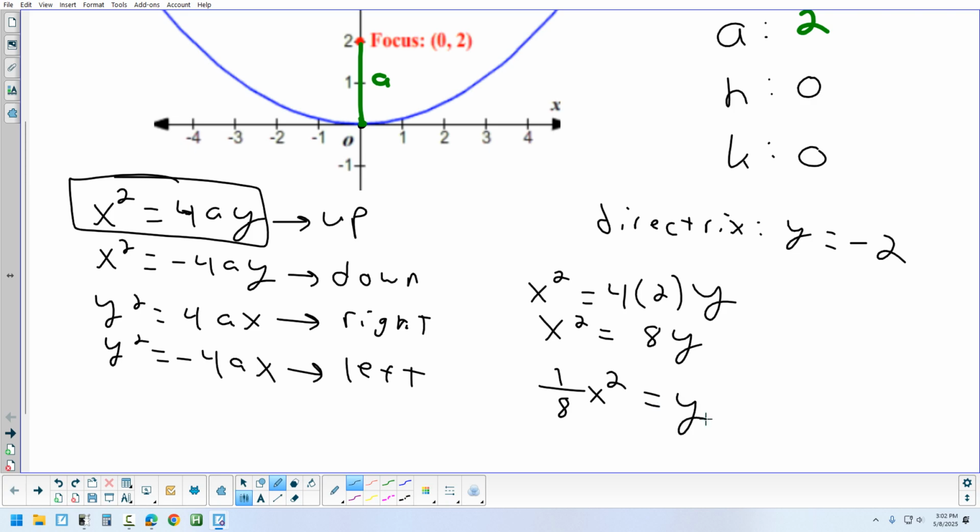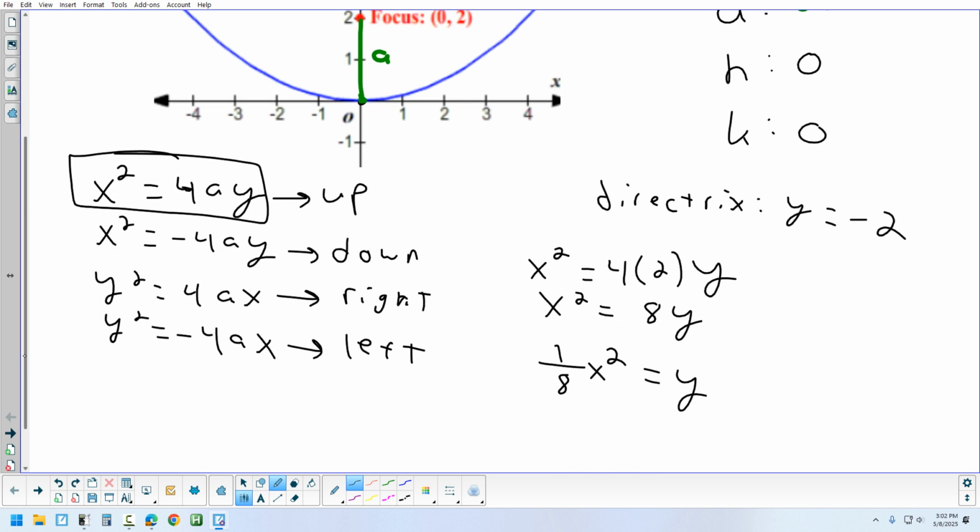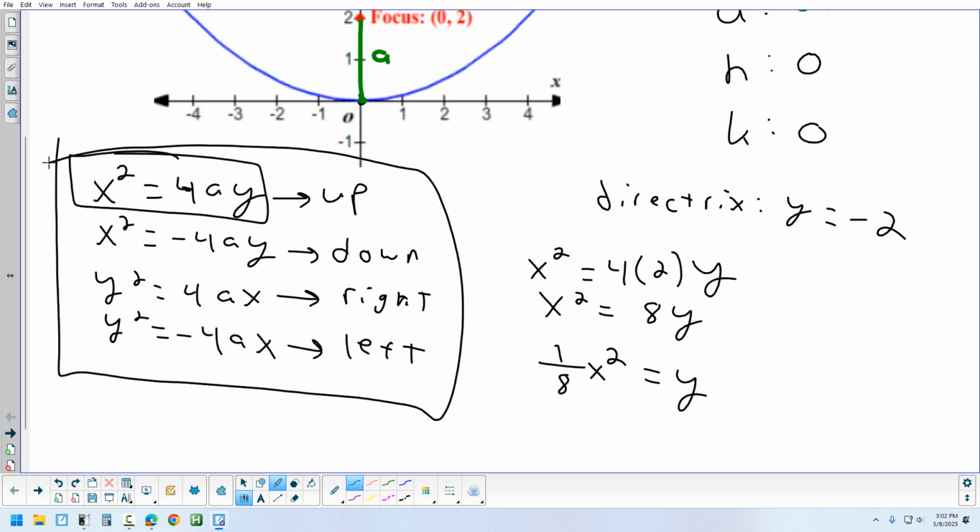The reason I'm showing you that bottom one is because if you have a question that has you match up the graph with an equation, they might solve the equation for y. So you still do everything the way we learned using one of those formulas. But when you're done, you might have to isolate a letter to make it match up with what they have on the test. Okay? Any question on that?